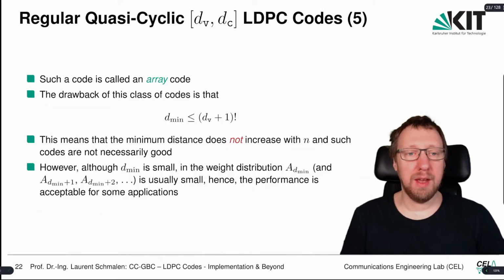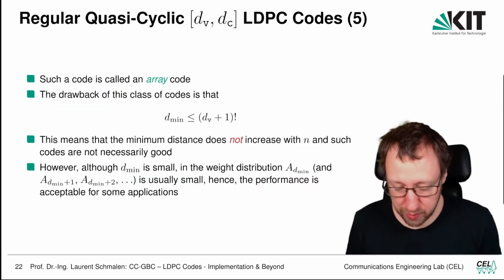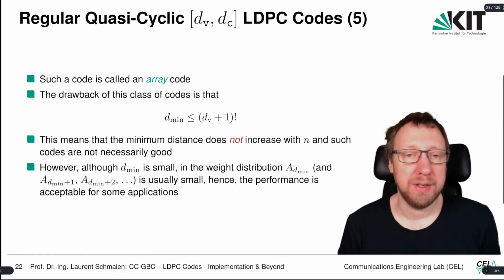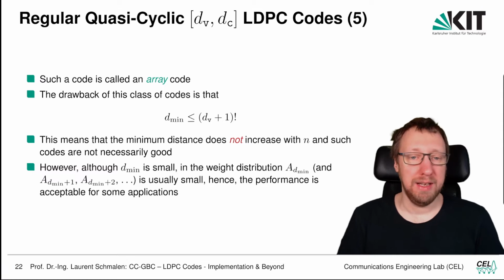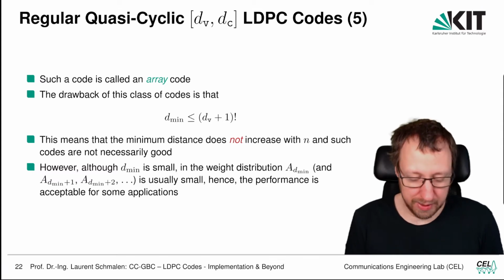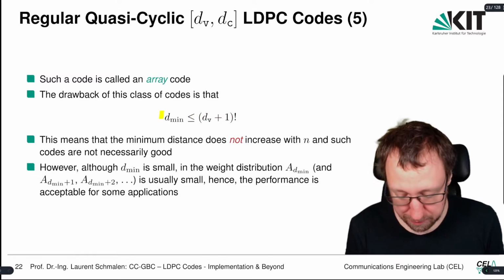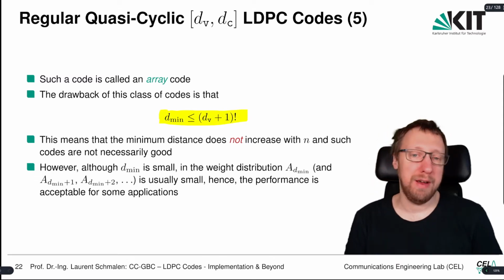So the code that we just constructed is what we call an array code. And the drawback of this code is that the minimum distance is rather bad. In this code, the minimum distance is upper bounded by (d_v plus 1) factorial.